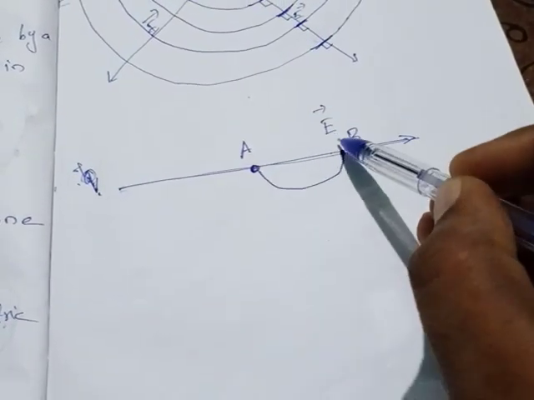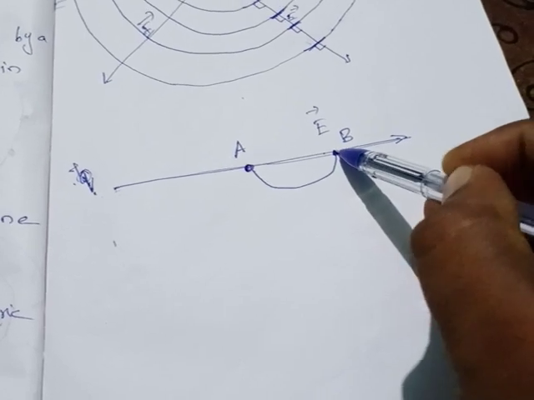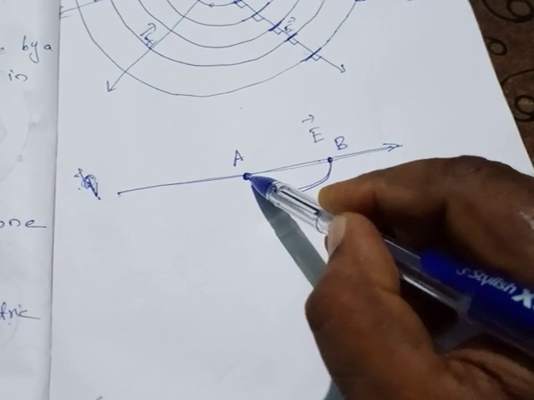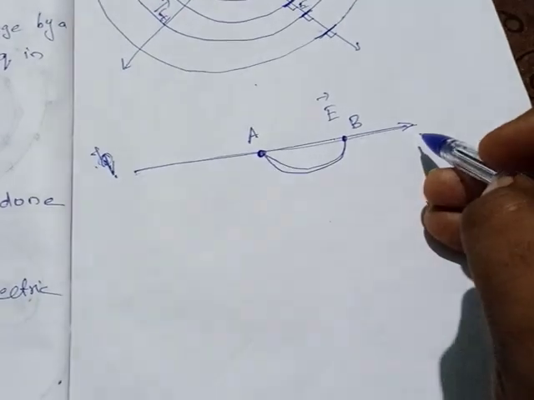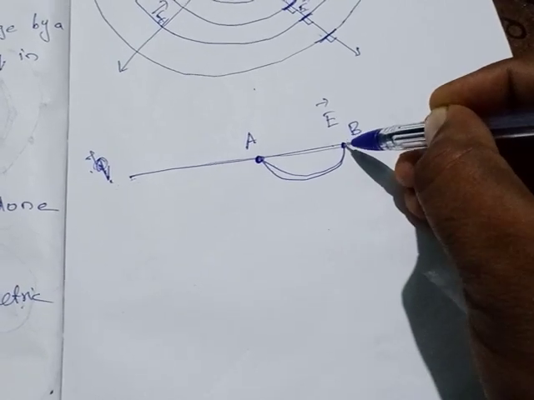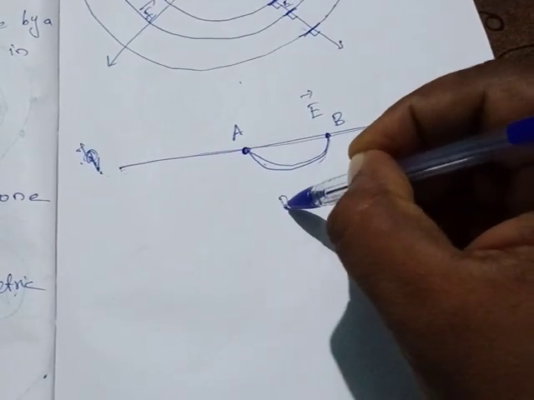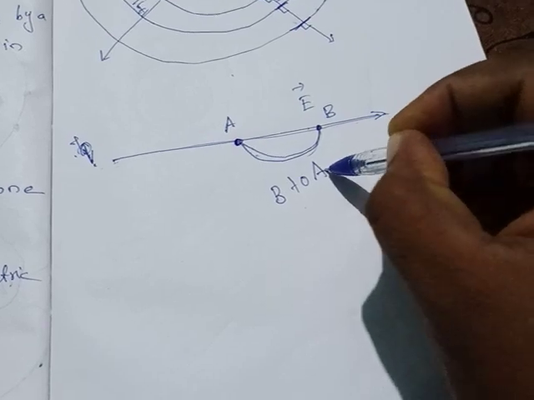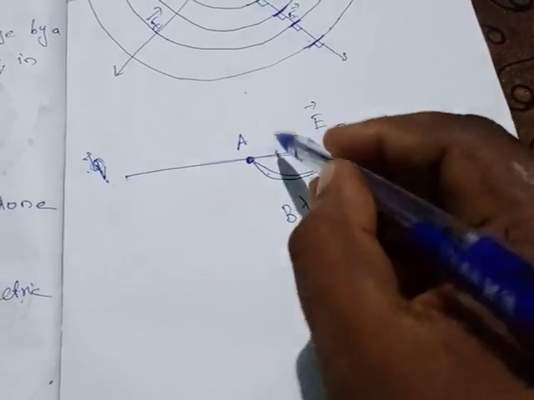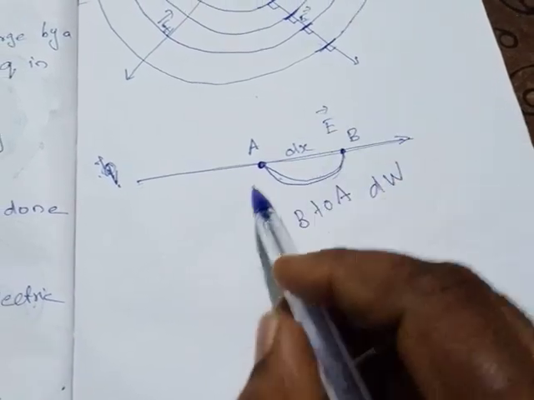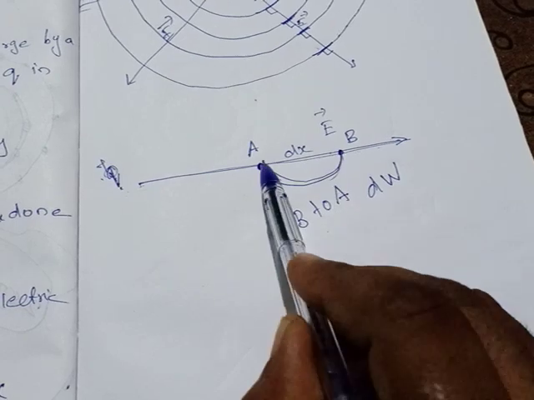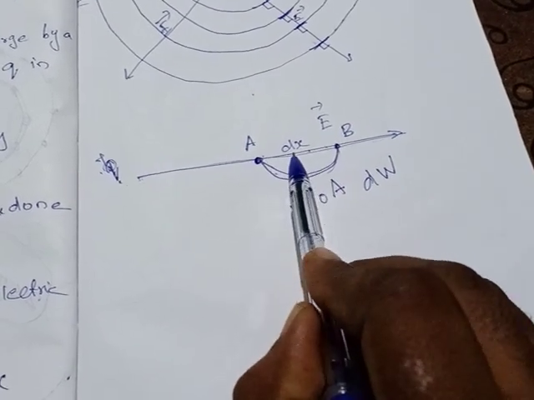Now you are moving another unit positive charge from the point B to A. When we are bringing a unit charge from the point B to A, we are moving it a distance dx.